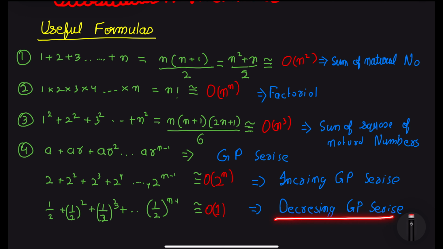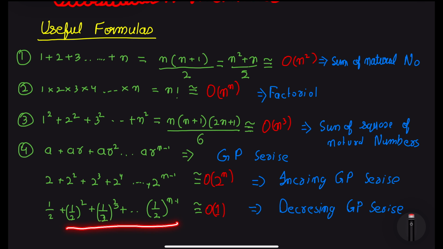The other is the decreasing series. In a decreasing series, we start with 1 by 2, then 1 by 2 square, 1 by 2 cube, up to 1 by 2 raised to the power n minus 1. The only significant value is the first one, and the rest are decreasing: 1 upon 2 square is smaller than 1 upon 2, and 1 upon 2 cube is smaller than 1 upon 2 square.